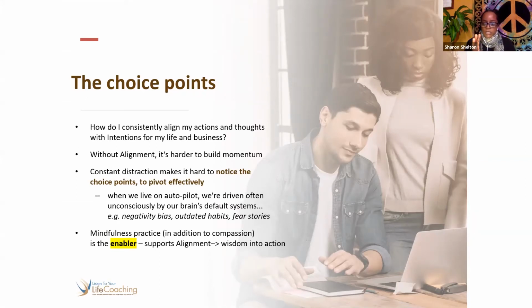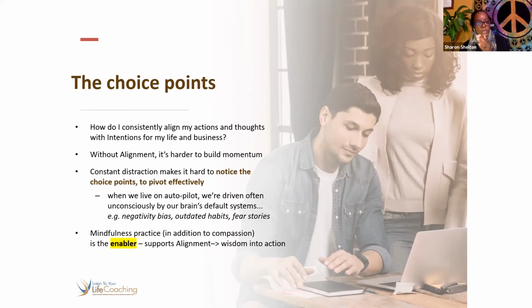But unless you're noticing when you have a choice to stay in alignment and when you have a choice to stay out of alignment, and when you're out of alignment, get back into alignment as soon as possible, then you'll go weeks, months, and years not realizing the damage it's doing to yourself personally, or your business, or your relationships, or your finances, because you're missing the choice points because you're perpetually operating on autopilot.